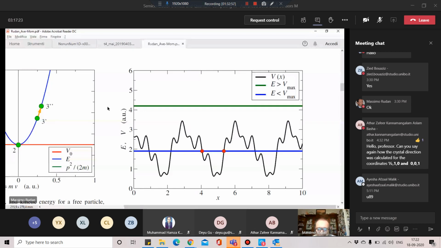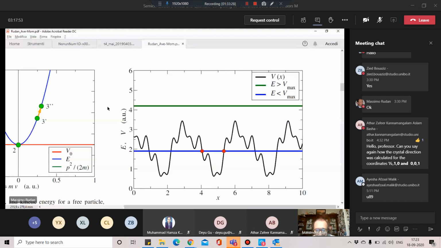Okay, so as long as the particle is inside the segment, the total energy is larger than the potential energy. So the kinetic energy is non-zero, so the particle keeps moving. And by assumption, it is moving to the right, okay? At some point, the particle will reach the red dot on the right.